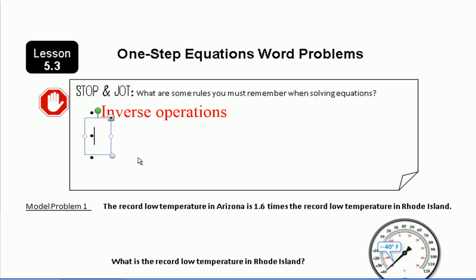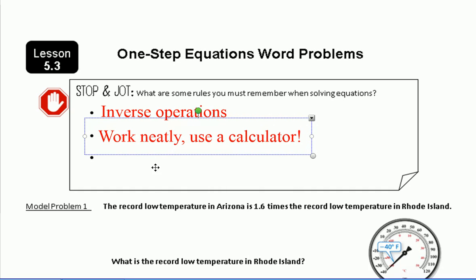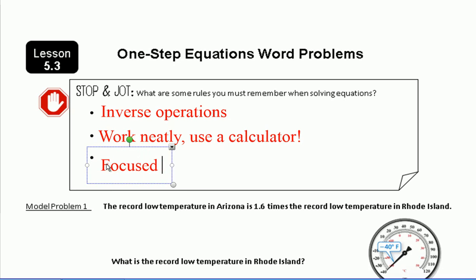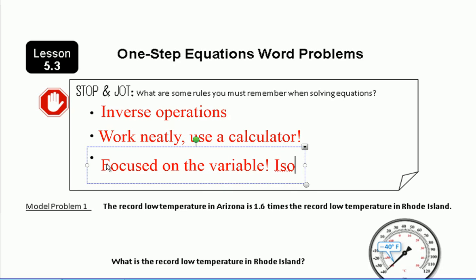Some tips besides rules should be just to work neatly. Use a calculator. And then we always want to make sure we are focused on the variable and making sure you are isolating it.